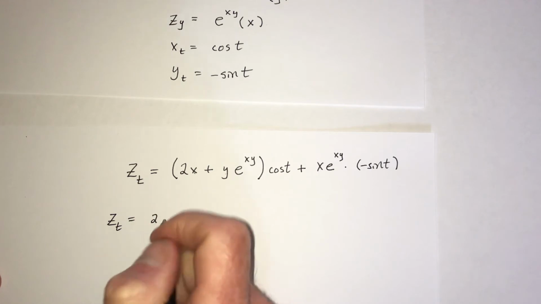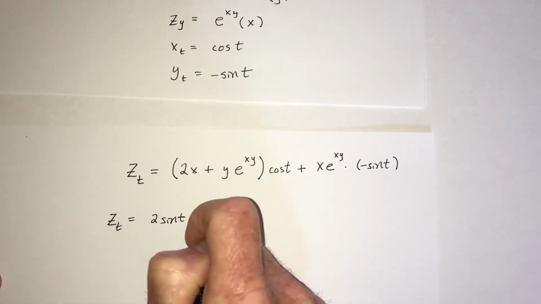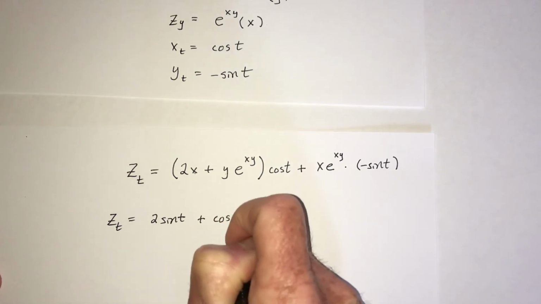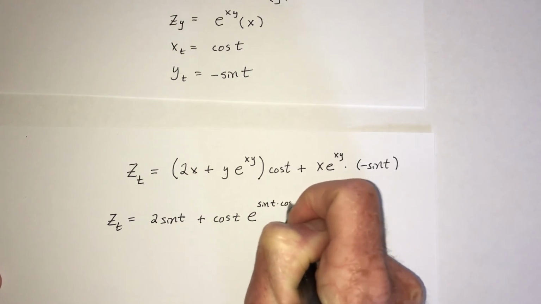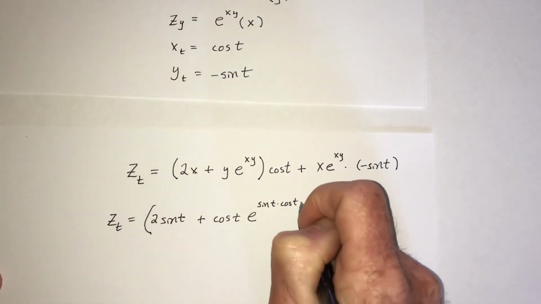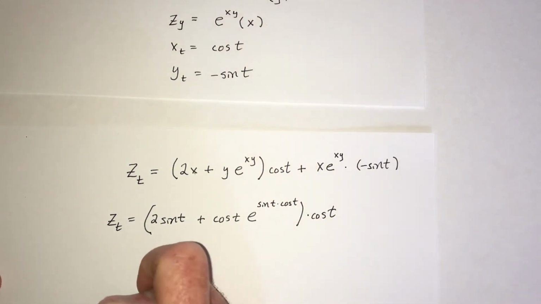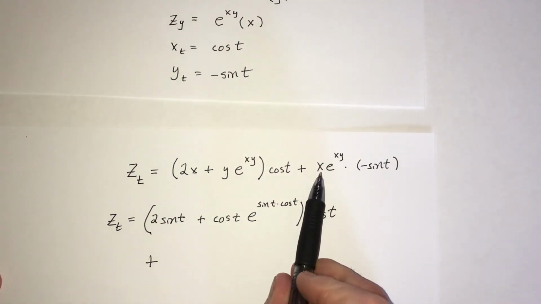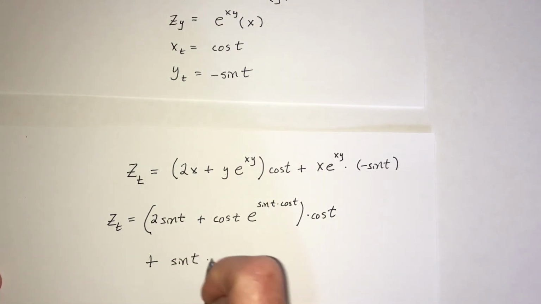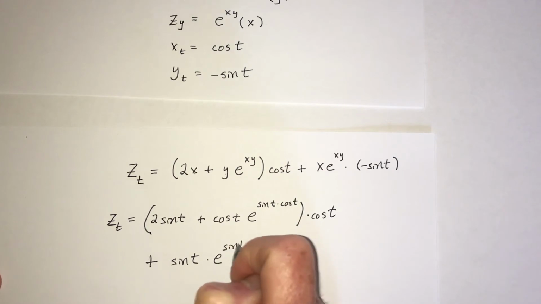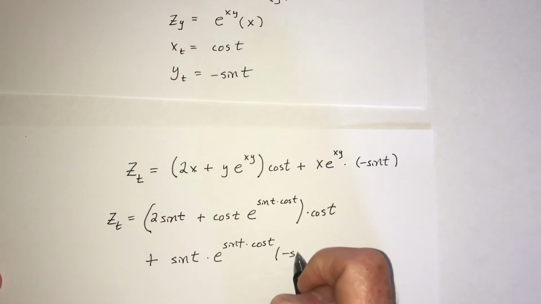So this would be 2 times x, and x is sine of t, plus y is cosine of t, e to the sine of t cosine of t, and then all of that gets multiplied with cosine of t. Then plus this part, so x gets replaced with sine of t, and then there would be e to the sine of t cosine of t, and then that gets multiplied with negative sine of t.